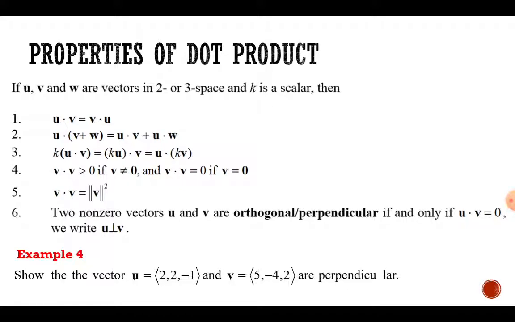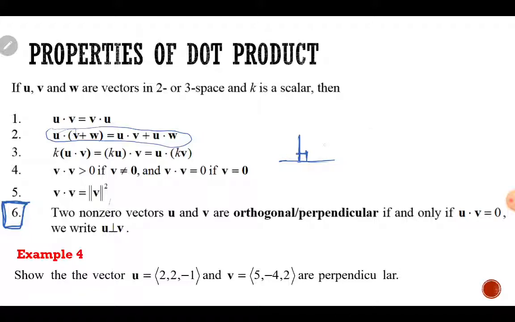Okay. And there are following properties regarding the dot product here. U dot V ke dan V dot U adalah benda yang sama. And ni kalau you tengok, you boleh darab masuk, so it becomes U dot V tambah U dot W. Yang penting sekali saya nak highlight here is property number 6. Two non-zero vectors U and V are orthogonal ataupun berserenjang, 90 degree perpendicular, kalau you find out that U dot V ni sama dengan 0.